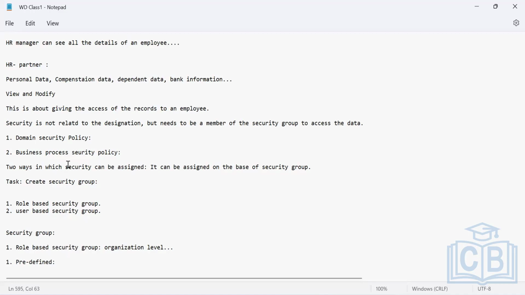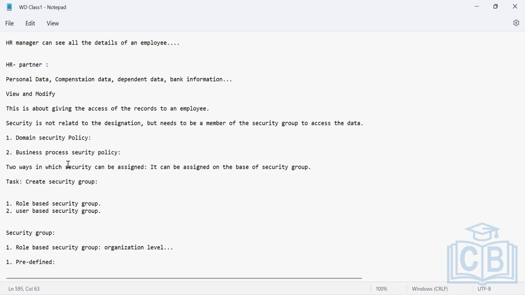So how does that pass on to the user? There is a process, and try understanding this, because it is very important. When you are creating a security group, there are two types: role-based security group and user-based security group.